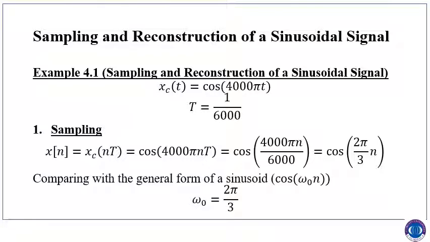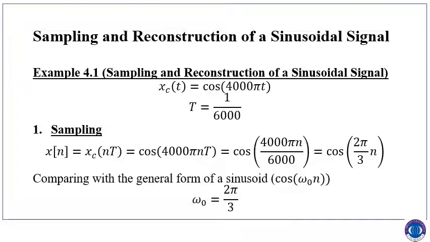Now substituting the value of T, we get cos 4000 pi n divided by 6000. Simplifying it, you will get cos 2 pi n divided by 3. This is the discrete equivalent of xc of t, obtained by sampling it at 6000 samples per second.